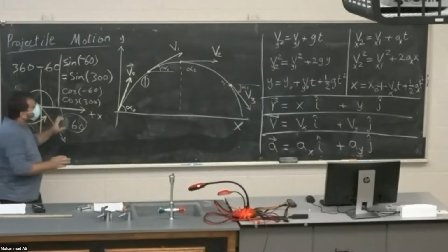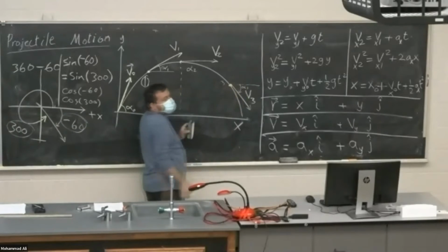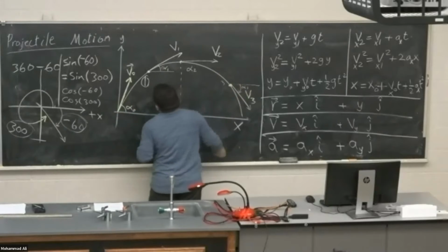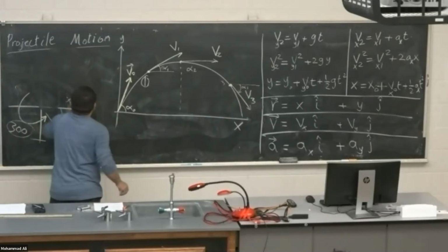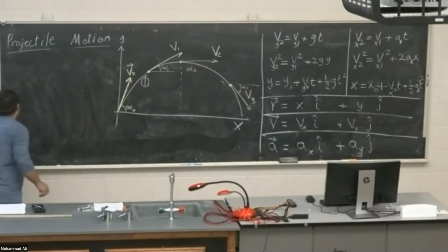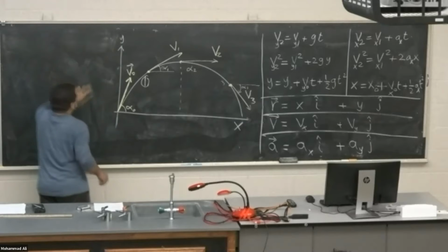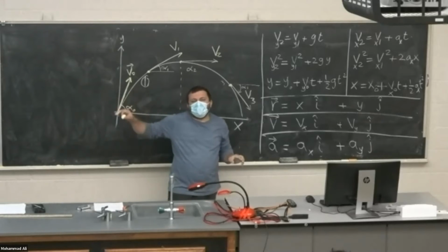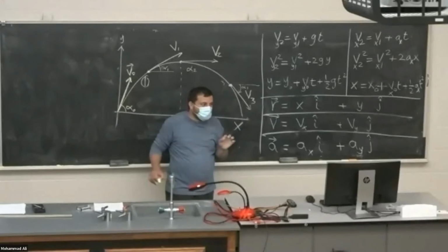So it is okay to measure the angle from the negative direction, but you need to keep in mind this is our angle. Any questions about the angles and the angle measurement? And be careful: until now, and for the first midterm exam, we need to deal with angles in degrees, not in radians. Okay?